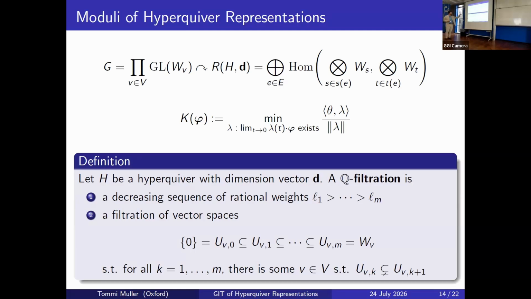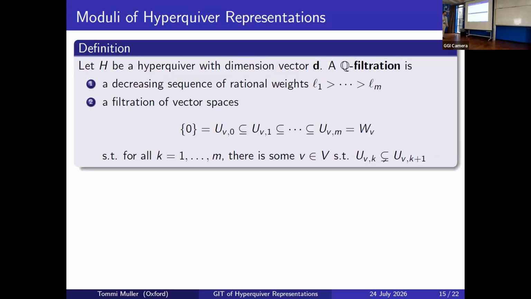And yeah, sorry, I left out that lambda is a rational one parameter subgroup. So those are the sequence of weights and a filtration of all of the vector spaces by these weights. So that's an acute filtration.